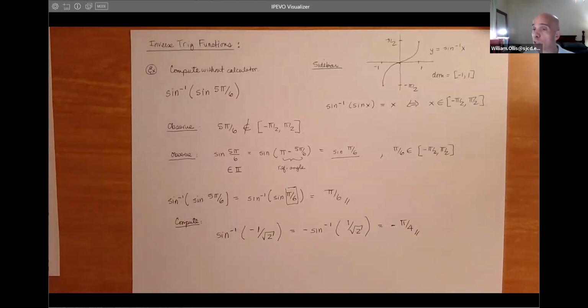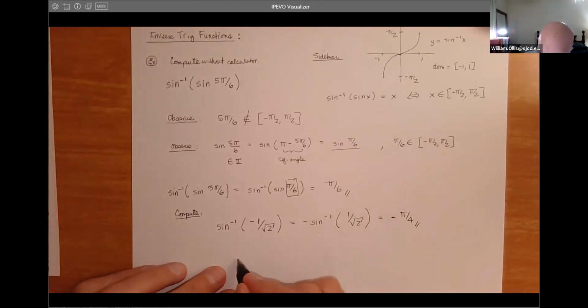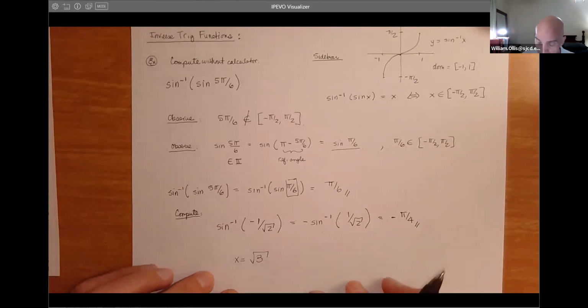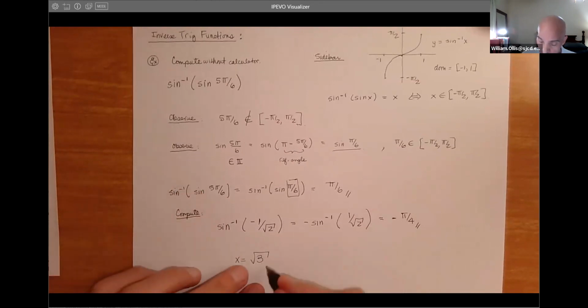Now, of course, if you're looking for an exact answer, then you just leave it alone. If it doesn't end up to be a nice value from the unit circle, you just write it in symbolic form. It's like saying the answer for x is the square root of 3. You could approximate that, but if you need an exact answer, you're done.